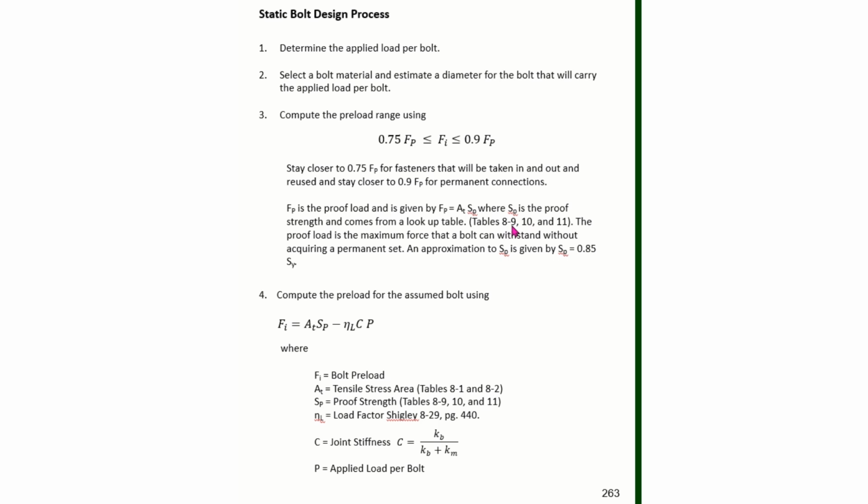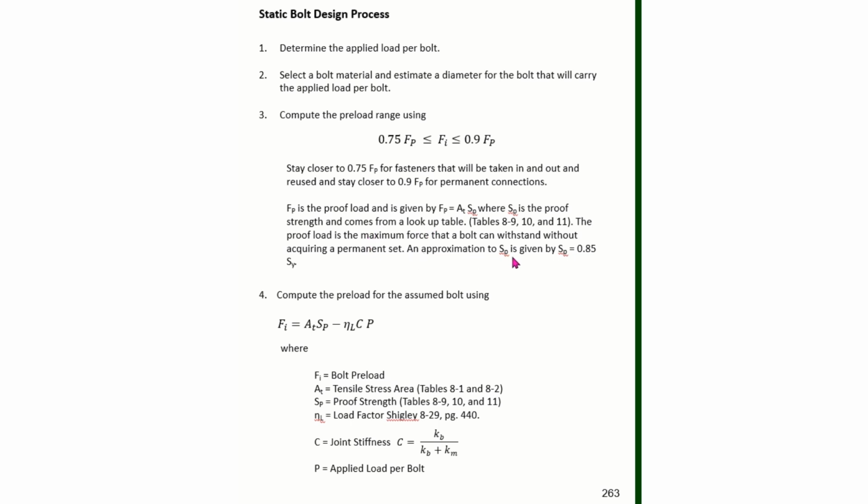So chapter 8, tables 9, 10, and 11, you can look up values for the proof strength. The proof load is the maximum force that a bolt can withstand without acquiring a permanent set. So without any plastic deformation, the maximum load that can be applied is the proof load.